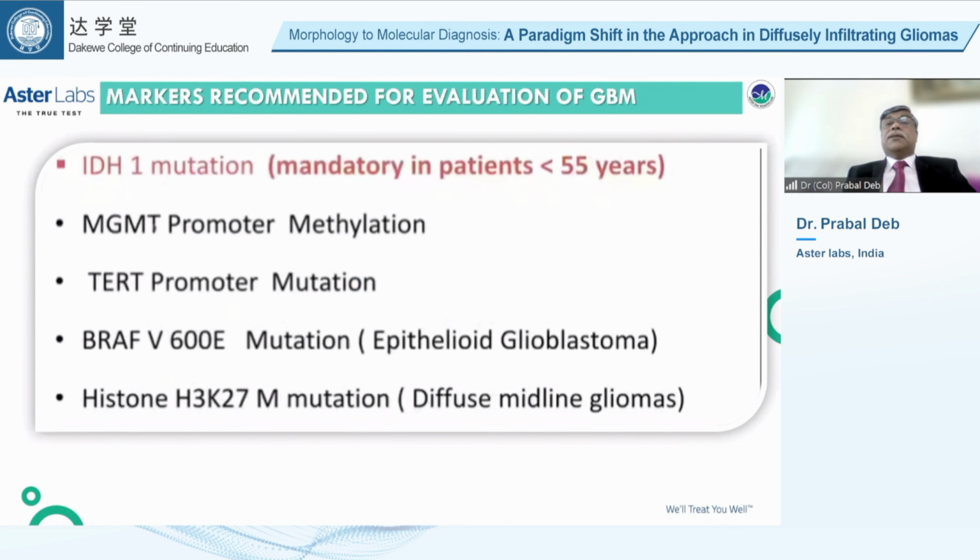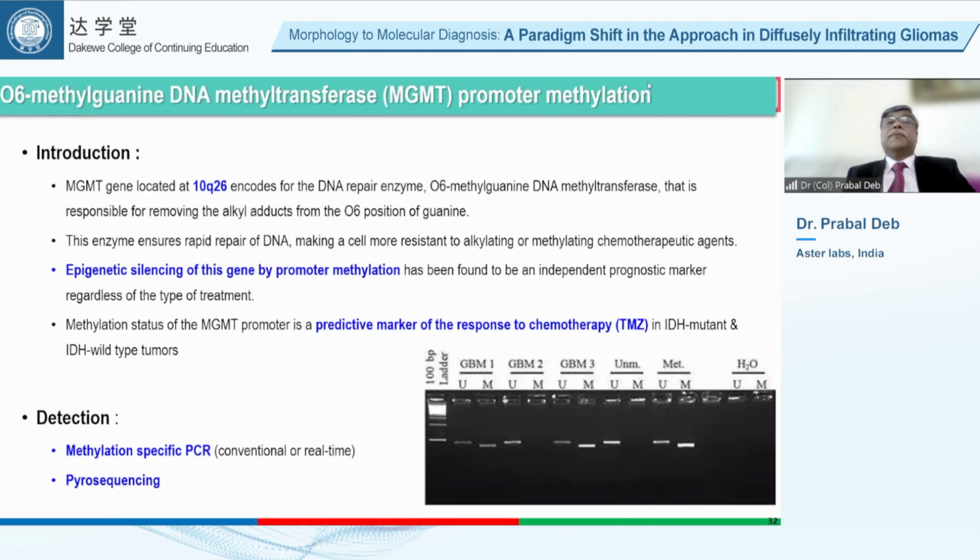So ultimately, the markers recommended for evaluation of GBM were IDH mutation, especially in less than 55 years, MGMT promoter methylation, TERT promoter mutation, BRAF for epithelioid glioblastomas, that is BRAF V600E mutation, and histone H3 K27M mutation for diffuse midline gliomas.